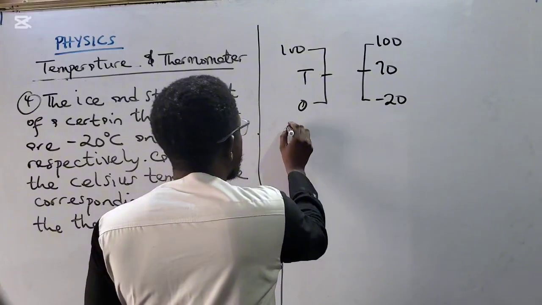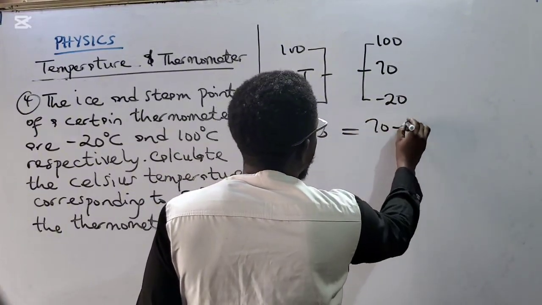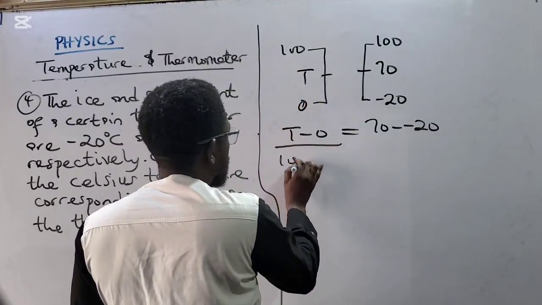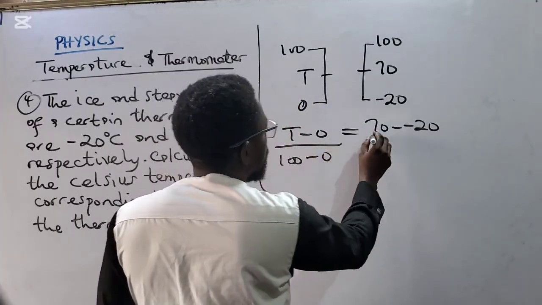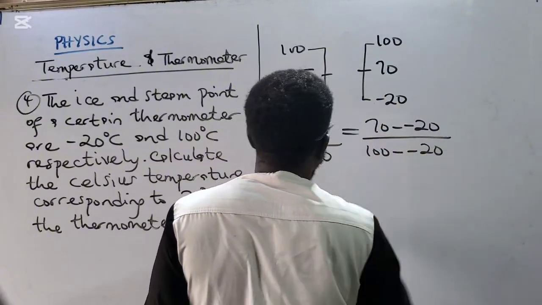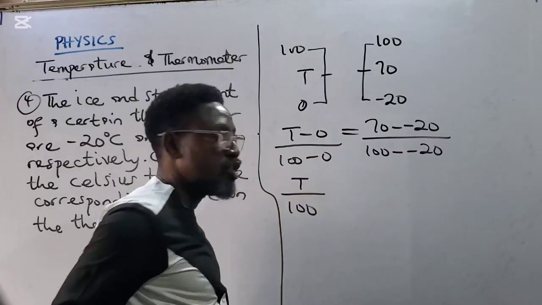So here the same thing, I'll get T minus 0 over 100 minus 0, and I get 70 minus minus 20 over 100 minus minus 20. So this one gives T over 100.